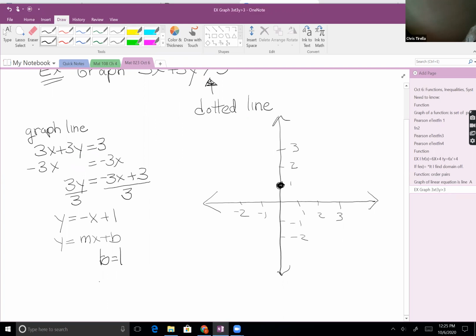Then m is -1. As a fraction, it's -1 over 1. So -1 tells me I'm going to move down 1, then over 1, down 1, then over 1. And so my line would be going through these points. But again, I'm not making a solid line. I'm making a dotted line. Is everybody comfortable graphing the line?